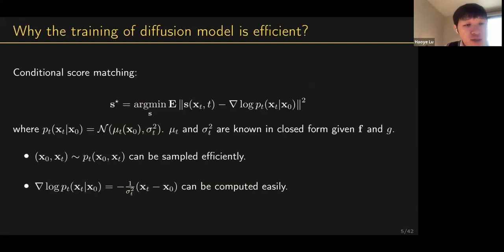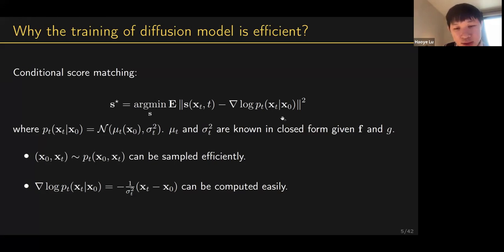Why is this conditional score matching super easy to train? It is because we can always sample the couple X0, XT easily. In particular, we can randomly draw a sample X0 from the data distribution. Since the transition kernel is known, which is basically a Gaussian distribution with mean mu t and variance known in closed form given the forward SDE, we can sample XT super easily.